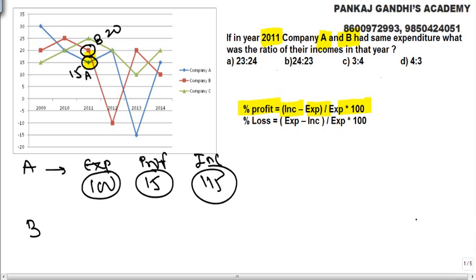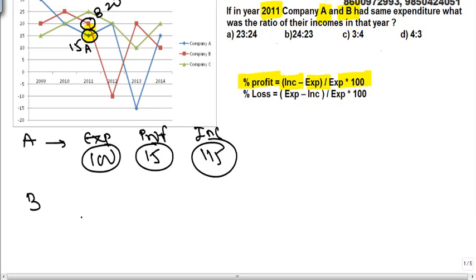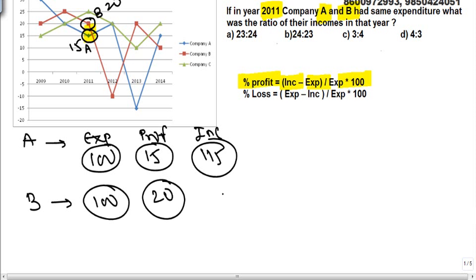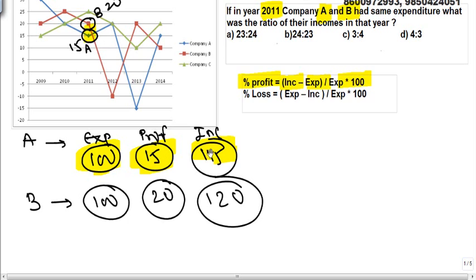And for B, if expenditure is 100, profit is 20, income is going to be 120.